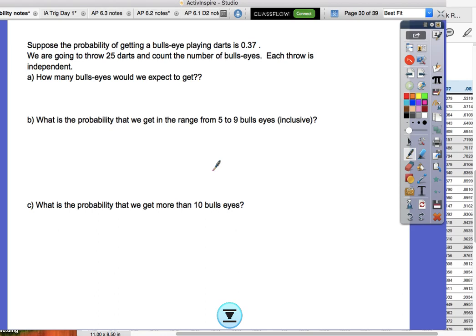All right, so here's an actual example. Suppose the probability of getting a bullseye playing darts is 0.37. We're going to throw 25 darts and count the number of bullseyes. Each throw is independent. So do you see if I check BINS, I do have a success and a fail. A success is a bullseye, and a fail is anything else.